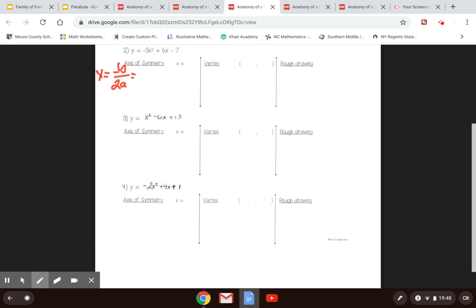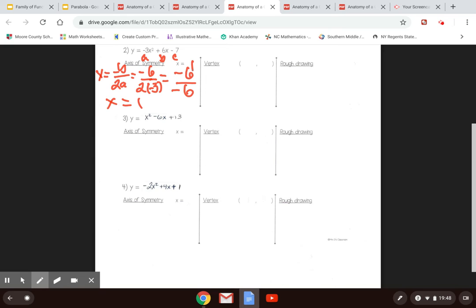So if I look here, remember this is a, this is b, this is c. So negative b is going to be negative 6 over 2 times a, which is negative 3. All right, so then that gives me negative 6 over negative 6. So that means x equals 1.